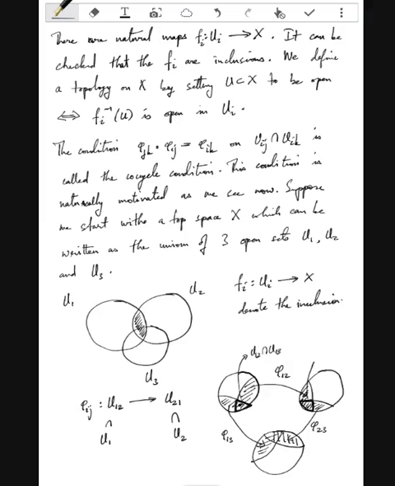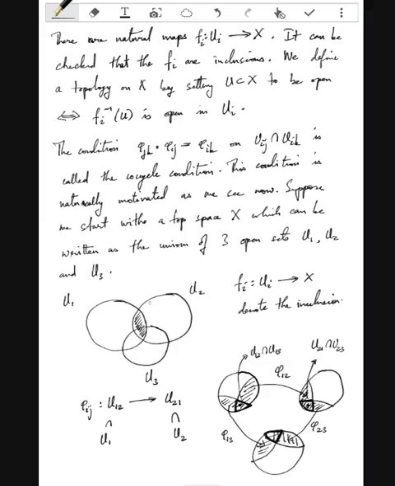This triangle here is U21 intersected U23, and under phi23 it is going to get mapped to this small area.